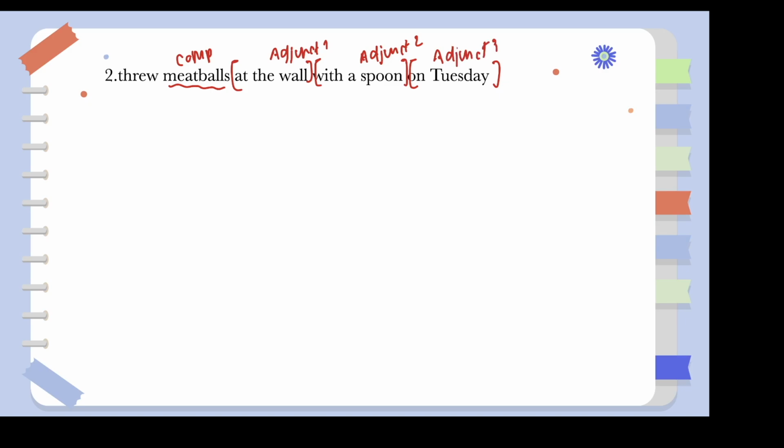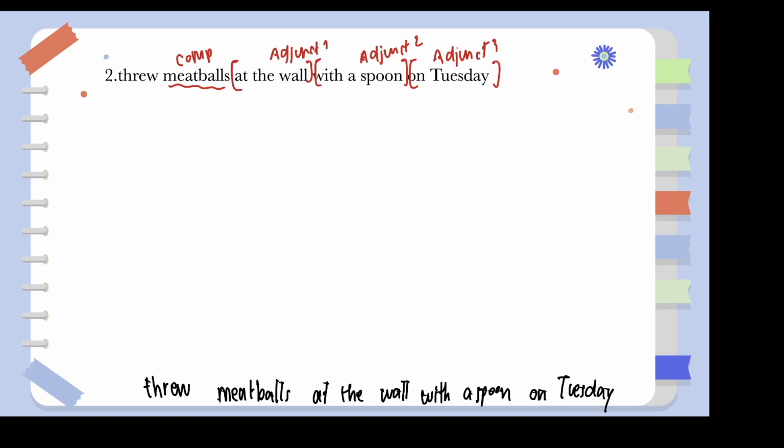So here we have three adjuncts together. So let's get started. Start by writing this one: the word threw, meatballs, at the wall, with a spoon, on Tuesday.